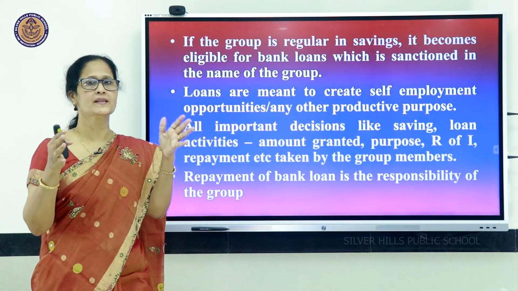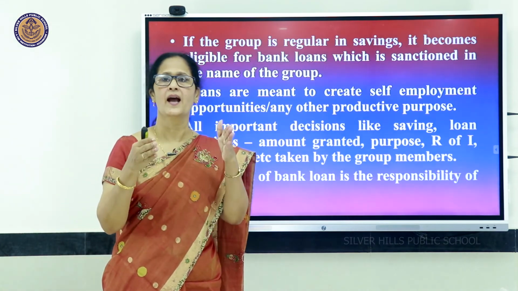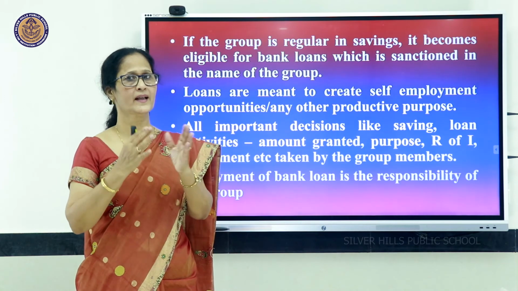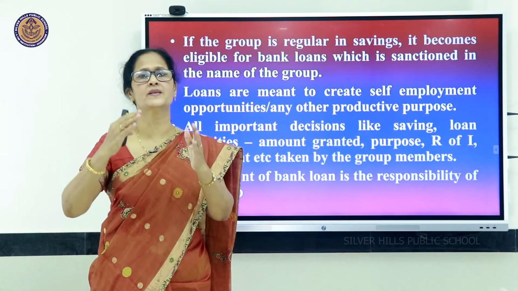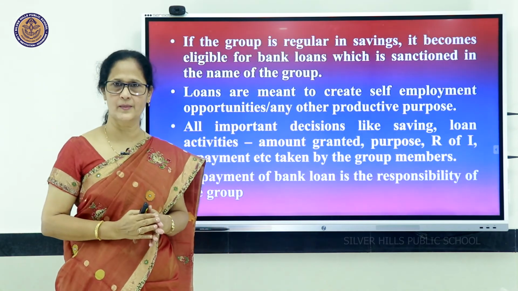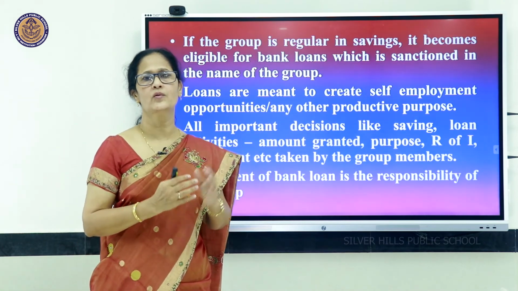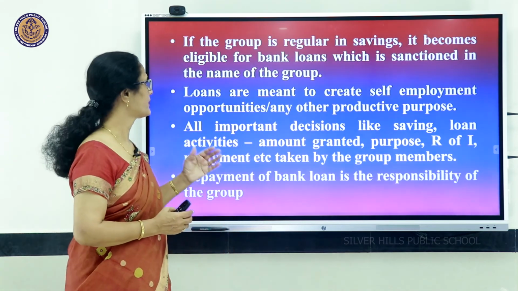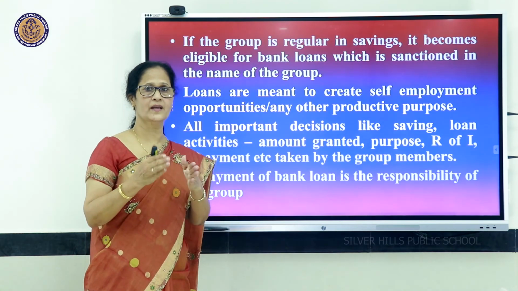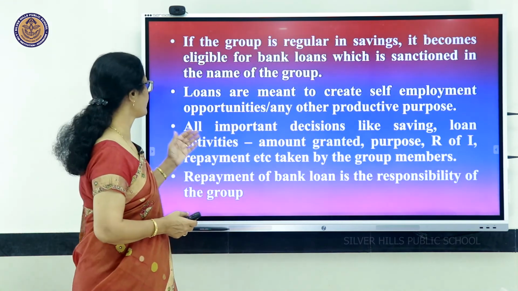So, if the group is regular in meeting and saving, and when their saved amount becomes a decent large amount, that group becomes eligible to get loans from the bank. And that loan can be used by the members.